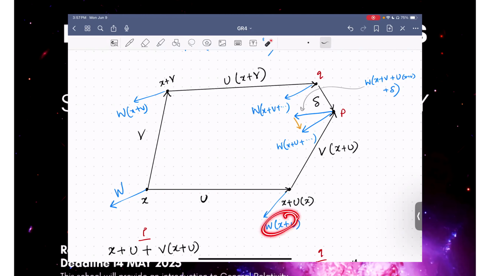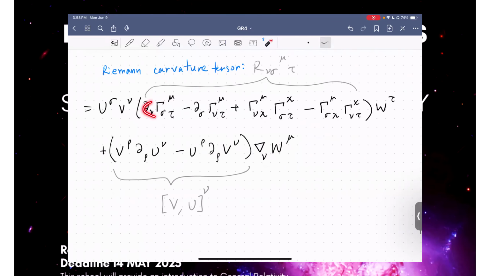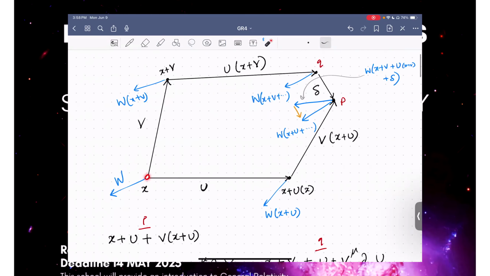So we are expressing all of these things in terms of the values and derivatives evaluated at X, so that when we end up with an expression of our Riemann tensor, such as this, everything that you see in this expression, the value of these Christoffel symbols or the derivatives of these Christoffel symbols, they are all evaluated at X. So that expression of the Riemann tensor is defined at this point.